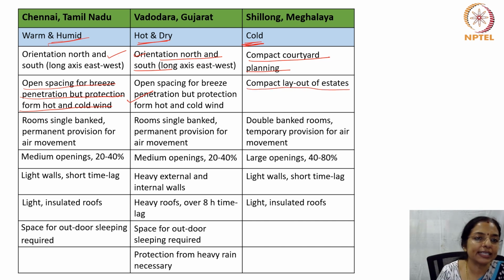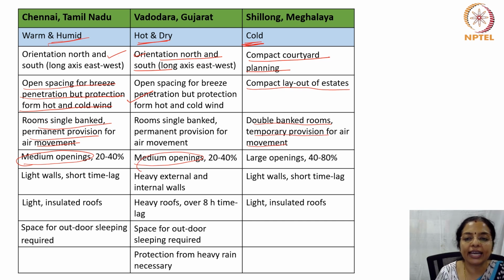The rooms for warm, humid and hot, dry is rooms with single banked permanent provision for air movement. Whereas for Shillong, it should be double banked room with temporary provision for air movement. The openings must be medium size for warm, humid and hot, dry.